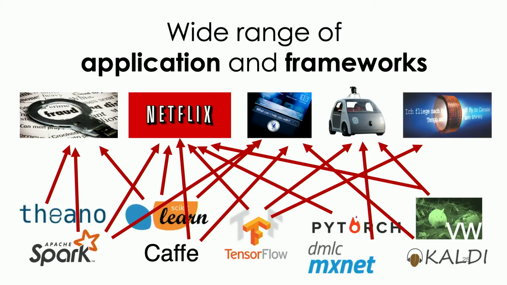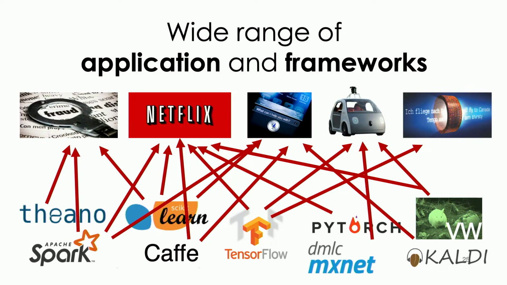If we take a step back, looking at the situation right now, we have a wide range of frameworks that are used to train models, and we're using these models to serve a wide range of applications. We need a general purpose system to decouple model and application. We need a common middle layer to embrace the heterogeneity on both the application side and the model side.